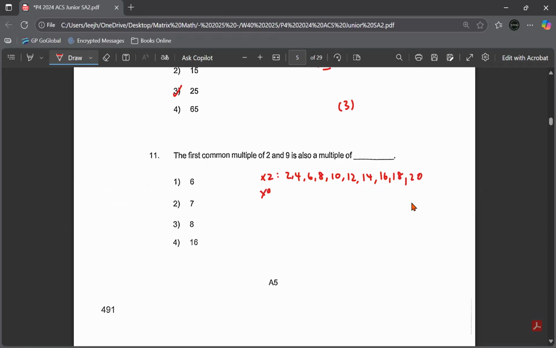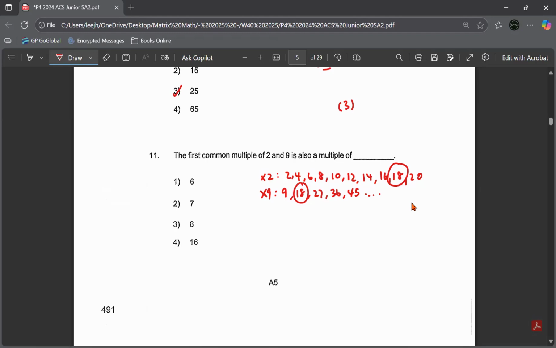Multiples of 9 will be 9, 18, 27, 36, 45, and so on. Actually, you don't need to list so many because the maximum is 20. If you look at your two rows of multiples, the first common multiple is actually 18.